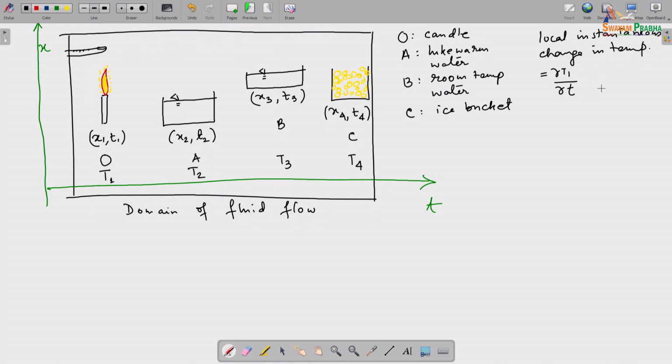And now, like we did in the previous case, it moves say to location A.